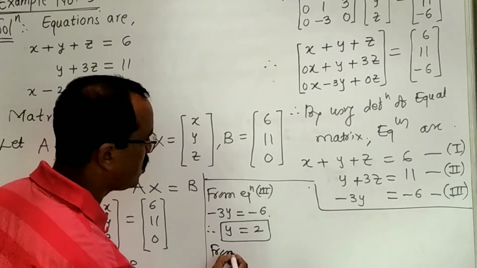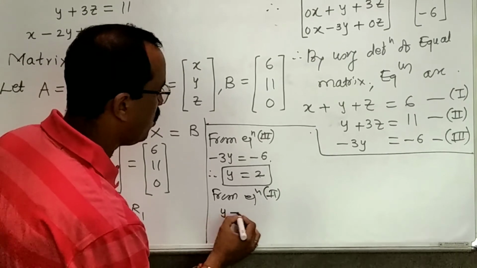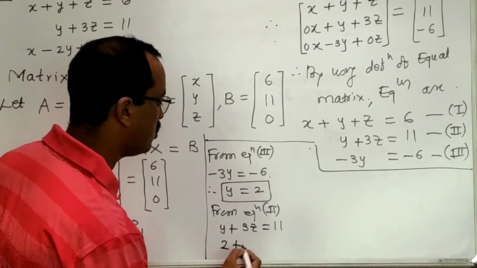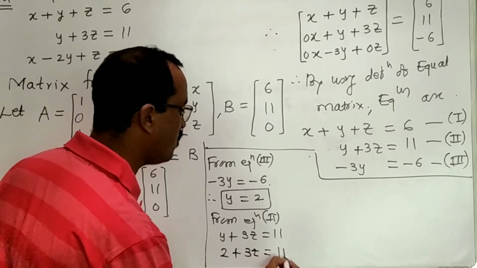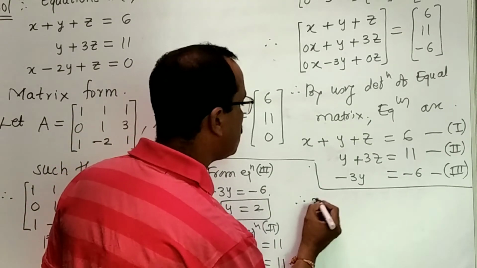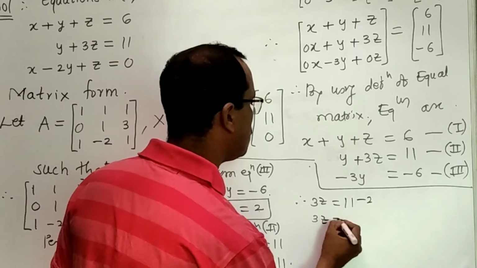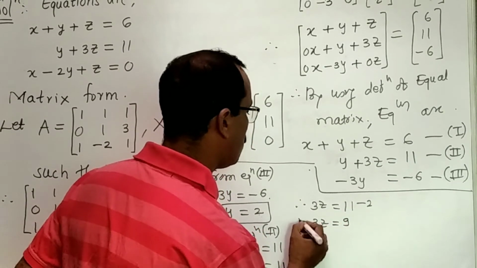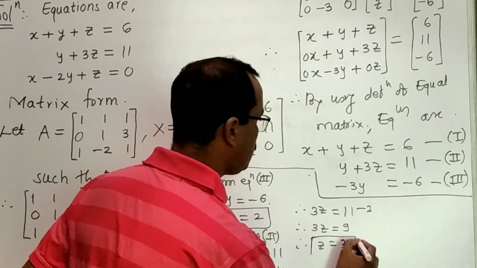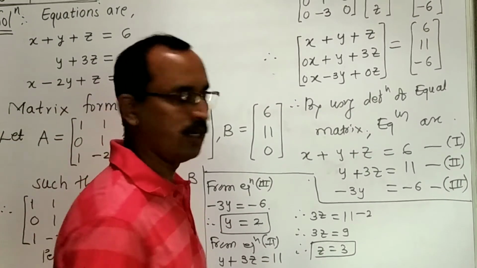So from equation 2, y plus 3z is equal to 11. Value of y is 2, plus 3z is equal to 11. Therefore 3z is equal to 11 minus 2. So 3z is equal to 9. Therefore z is equal to 3. So first we get value of y, then we get value of z.